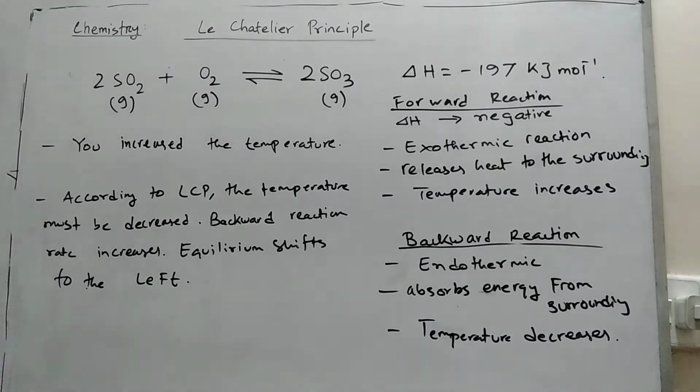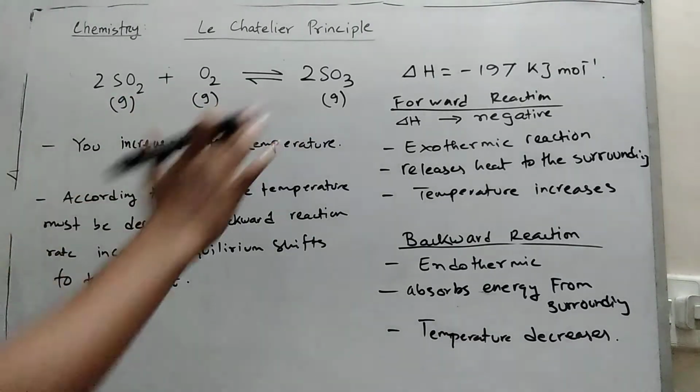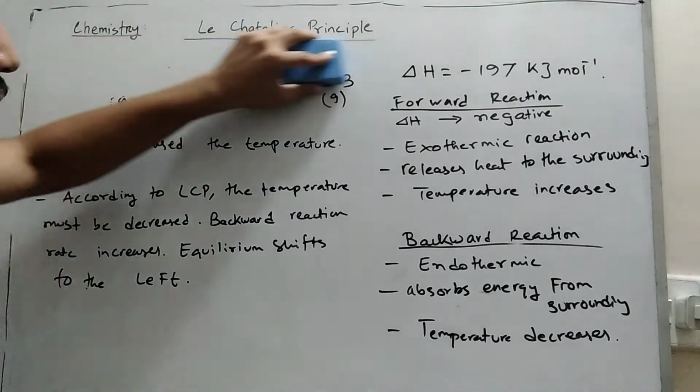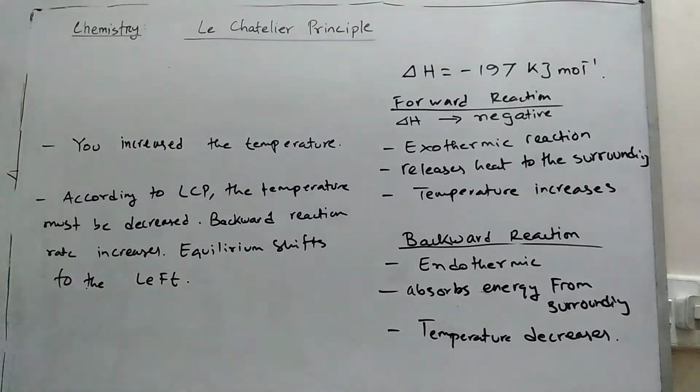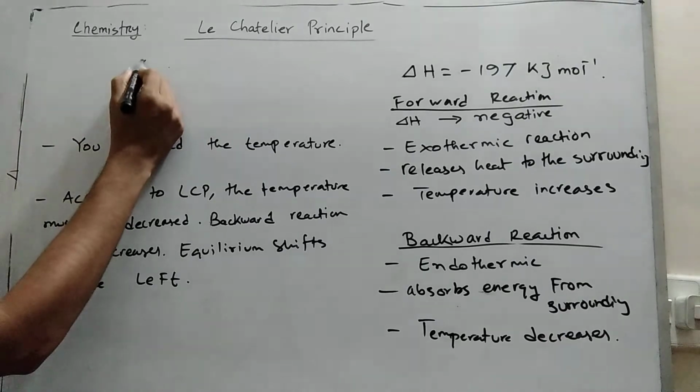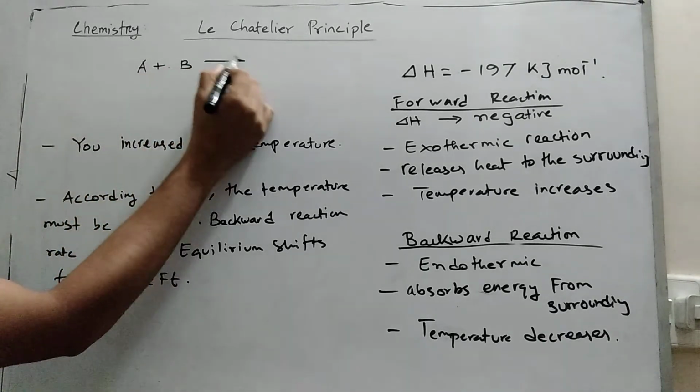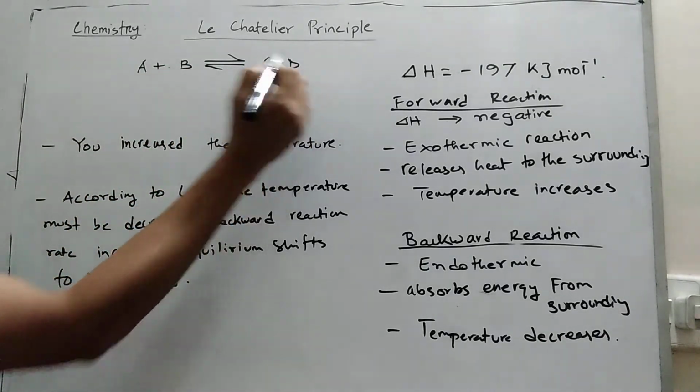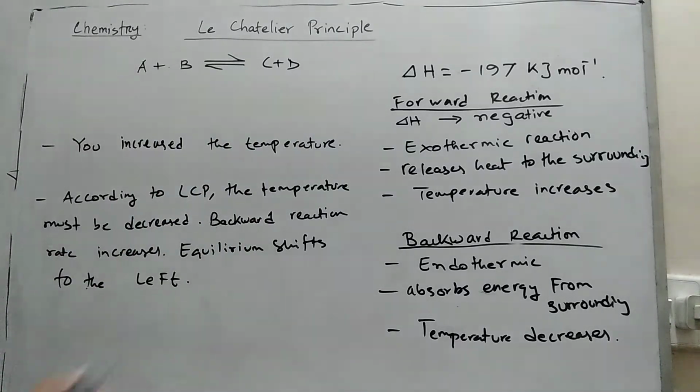Let's say we have an endothermic reaction. We have discussed an exothermic reaction. This reaction is not endothermic, so let's say we change the equation. Just giving you an example. A plus B producing C plus D, and let's say the del H of this reaction is positive.